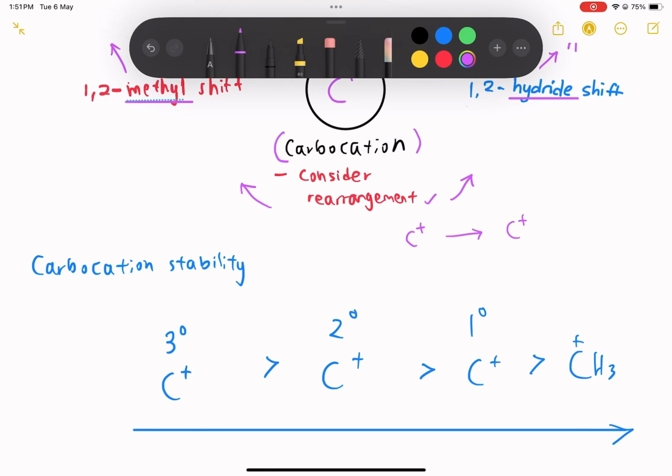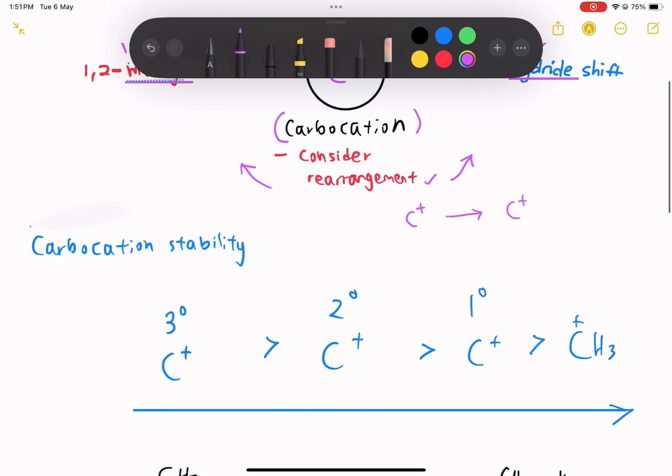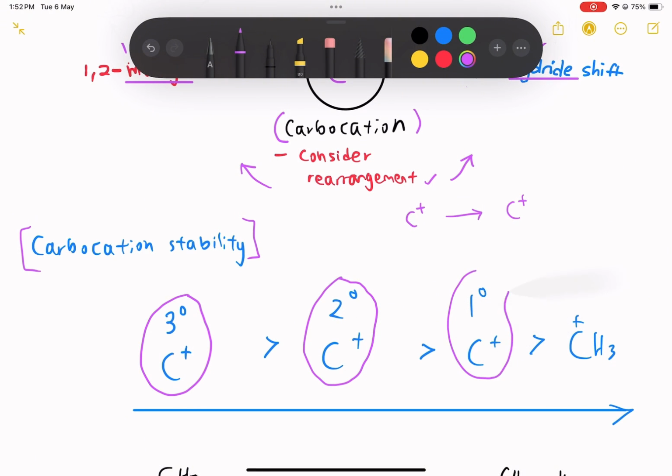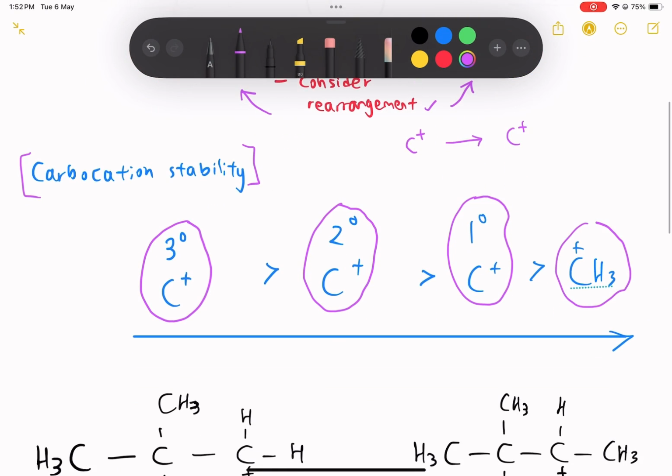Because if the carbocation ion is more stable, it will make the reaction faster. So, for the carbocation ion stability, the tertiary carbocation ion will be the most stable one, followed by secondary carbocation ion, then primary carbocation ion, and lastly, methyl carbocation ion.